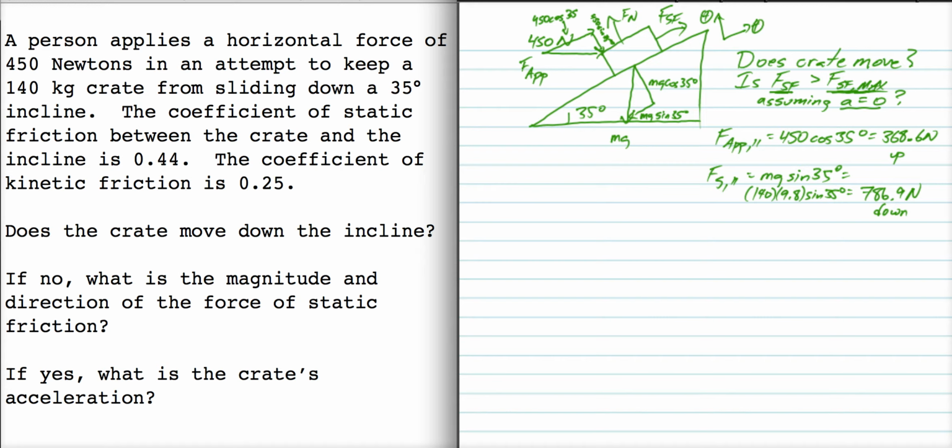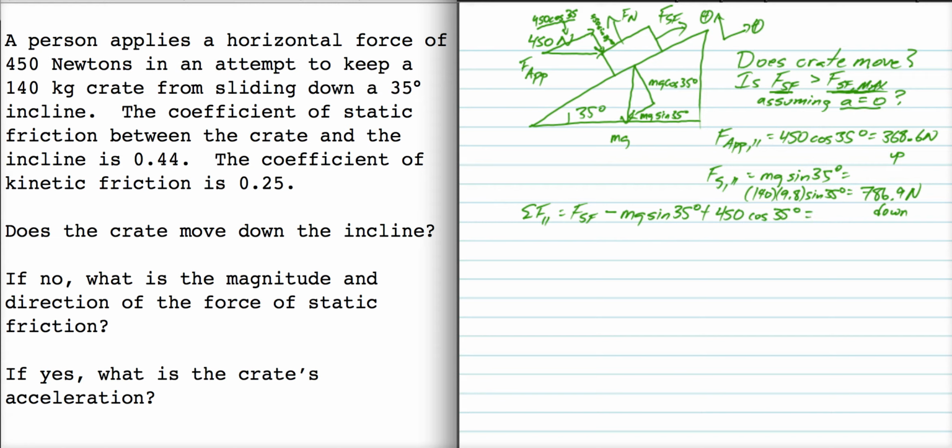Let's go ahead and write that out. The sum of all parallel forces is the force of static friction, which is positive because it points up the ramp, minus the parallel component of gravity, which points down the ramp so it's negative, plus the parallel component of the applied force, 450 cosine 35, which points up the ramp so it's positive.